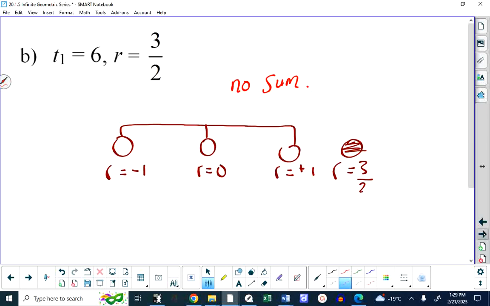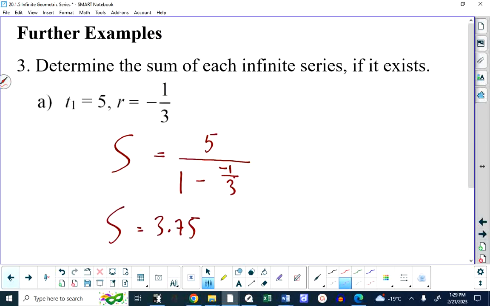Or problems where I give you a sum and a common ratio, and maybe you have to find the first term. In other words, everybody, this formula, sometimes you have to find this. Sometimes in a problem, you have to find this. Sometimes in a problem, you have to find this. It depends on the situation.